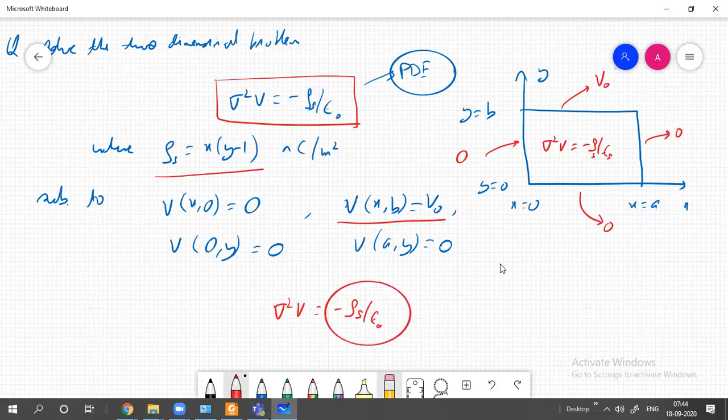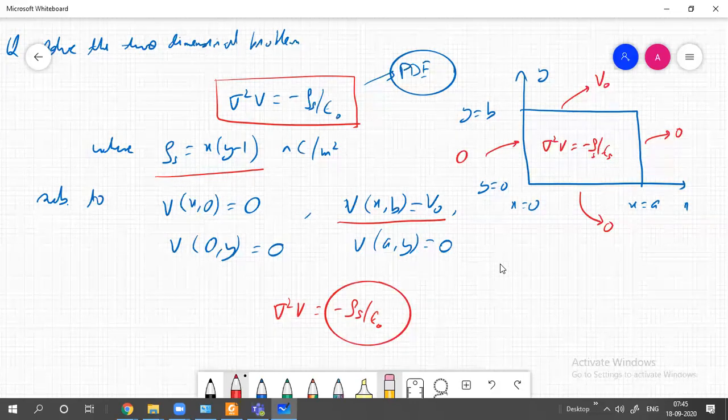If del square V equals 0, we can straightforwardly apply the series expansion or the variable separation method and solve this problem. We already solved such problems, but because of this term we are not able to solve it directly. So for this, we will use the series expansion method.